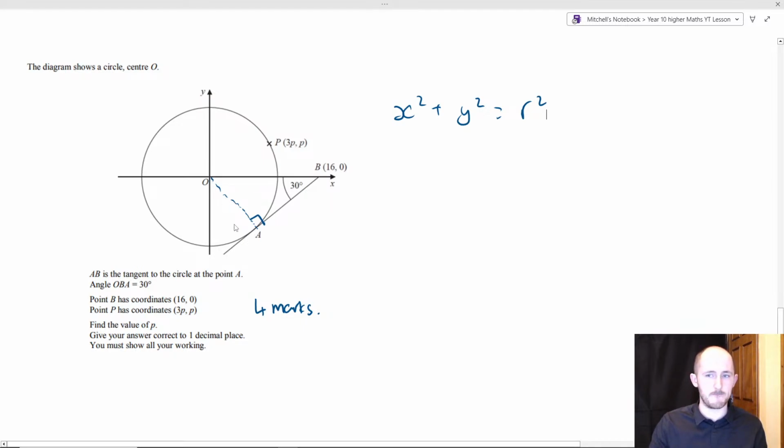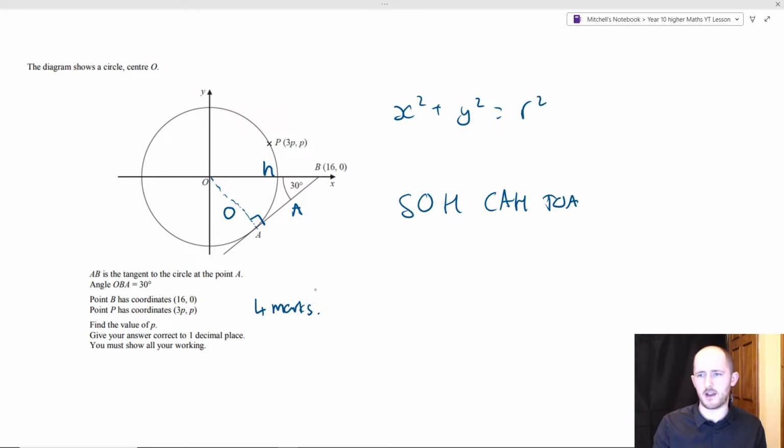Okay? So, for trigonometry, this would be my hypotenuse, the length OB. This would be my opposite side, and this would be my adjacent side. So I have the hypotenuse. The hypotenuse is just 16. And I want the opposite, so I'm going to be using sine. So again, just SOHCAHTOA, just writing this out for any of you that are slightly unsure.